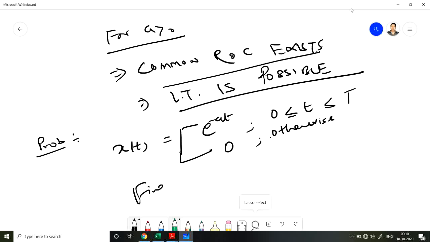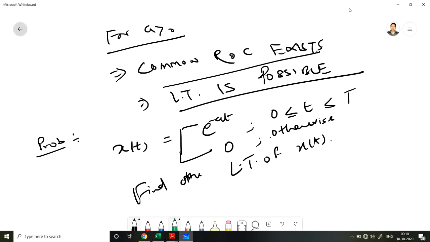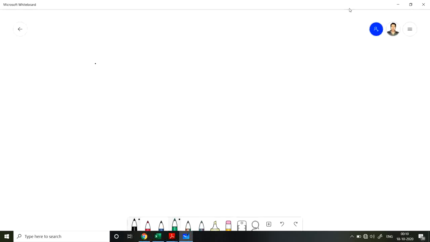Then find the Laplace transform of x(t). So let us solve this problem.